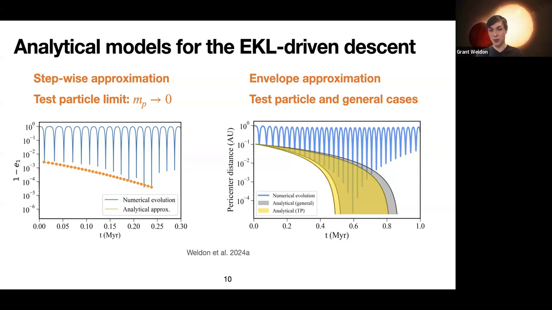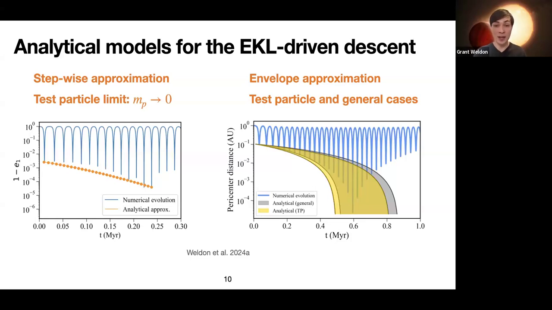This is done in the test particle limit, taking the mass of the planet to be very small. This is a good approximation in these systems where the mass of the planet is much less than the mass of the star. On the right, this is a different system now. This is why the time axis is just a little different. We're doing another analytical model. Here we're modeling the envelope of the oscillations in one fell swoop, with a single formula to describe the envelope of the oscillations.